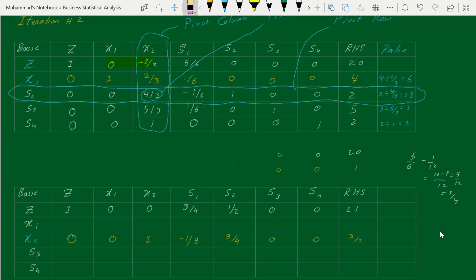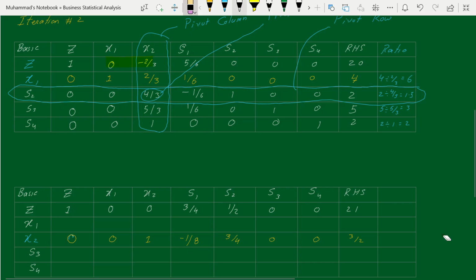To do so, first of all, we will write down the old x1 row. Then, to make its pivot column element equal to 0, we will multiply: in x1, the pivot column element is 2 by 3. So for the new x1 row, we will multiply minus 2 by 3 with the new x2 row.